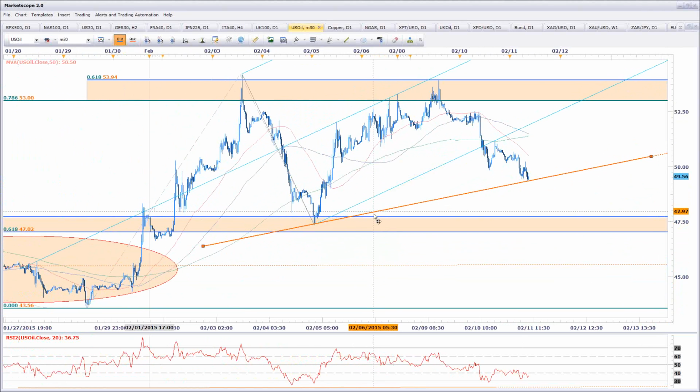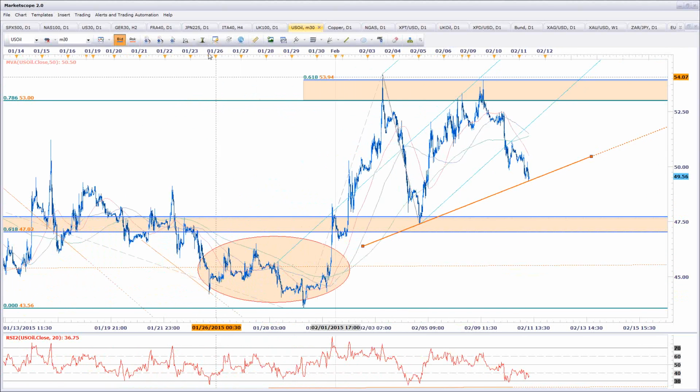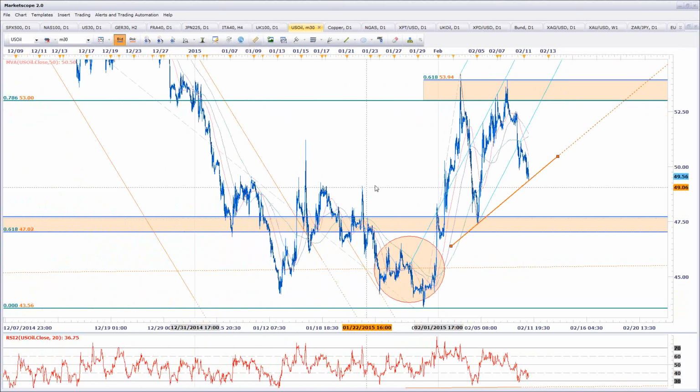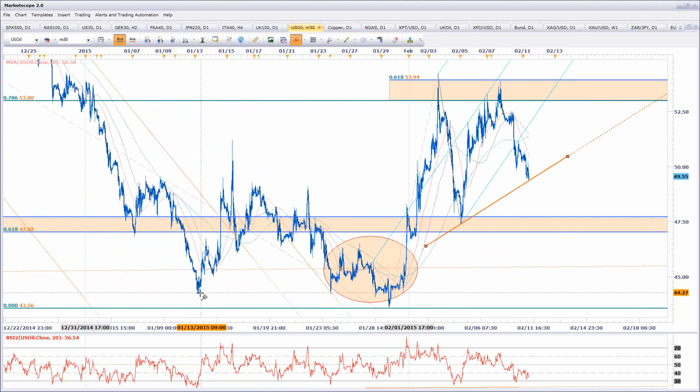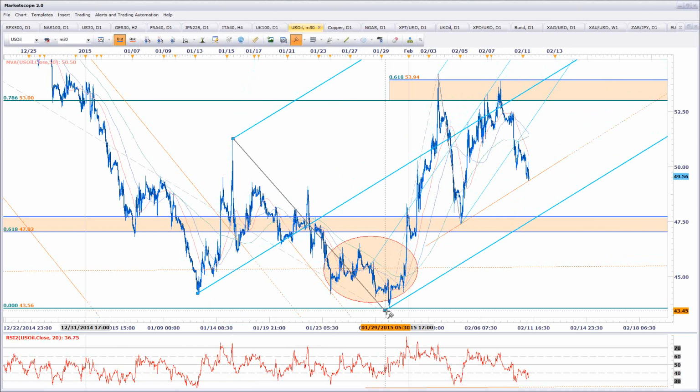this is actually another pitchfork. I wanted to clean up the chart, so I didn't leave it on there. But if you take a pitchfork, guys, off the lows that you made for January, you can see that that pitchfork has been encompassing price action pretty nicely.